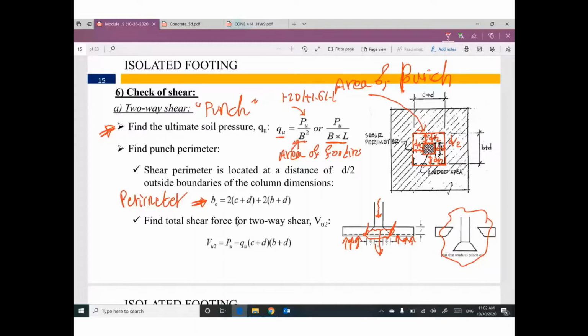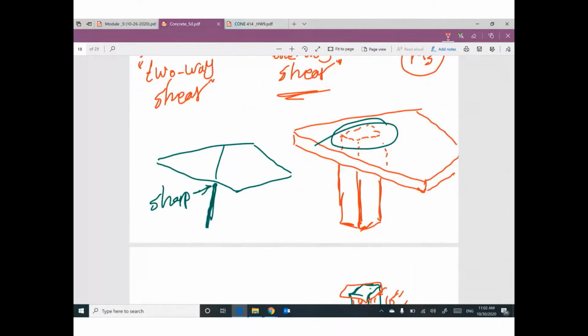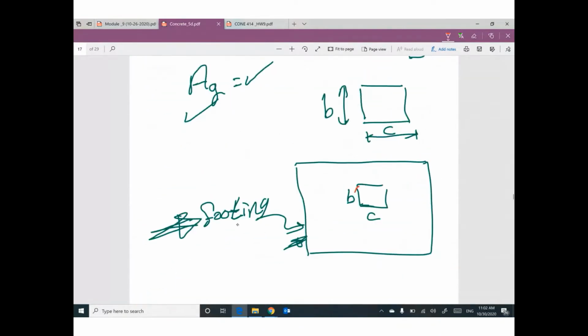So the perimeter of the outside boundaries for the column dimension, b naught, equals this length plus this length plus this length plus this length. If you would like to use this expression, that's fine: 2 times (c plus d) plus 2 times (b plus d). d is the depth of the footing, and c and b are the two dimensions of the column.